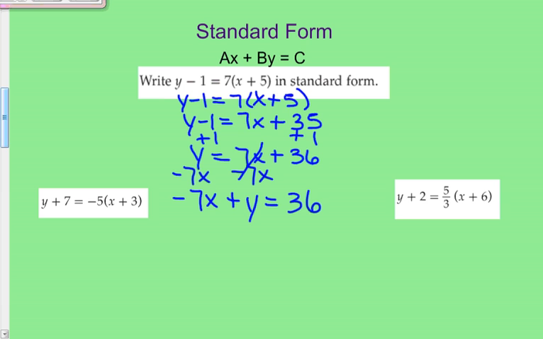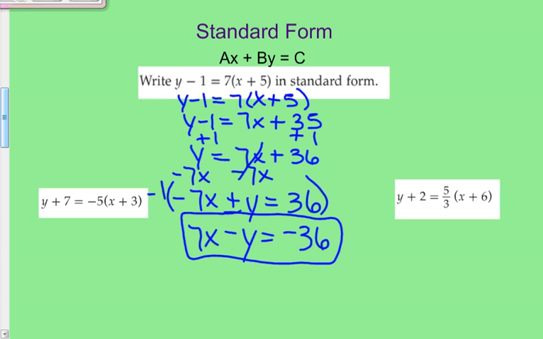The only problem, I'm not in standard form yet because my a is negative and it has to be greater than or equal to 0. So to get rid of my negative, I'm going to multiply the entire equation by negative 1. So negative times negative makes a positive 7x, a negative y, and a negative 36. And that is the standard form of the equation above it.